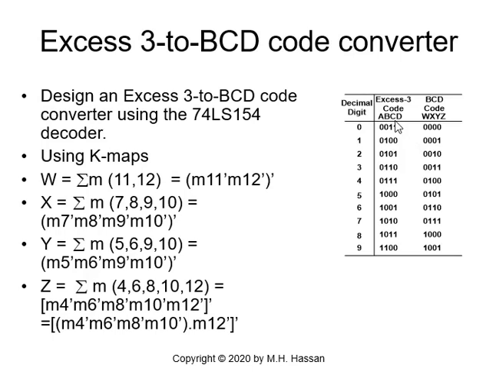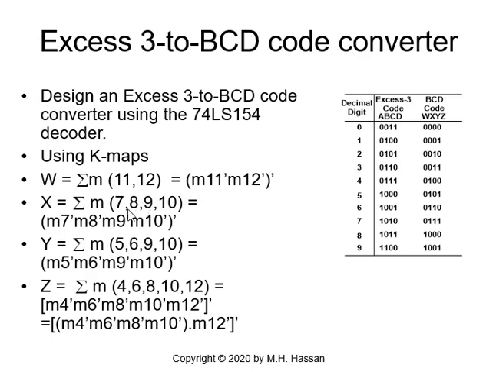We have the input ABCD and the output WXYZ with 4 K-maps, one for each output. We will simplify, and W is the sum of terms 11, 12. X is the sum of terms 7, 8, 9, 10. Again, it is M11 prime, M12 prime, so we use an AND gate.